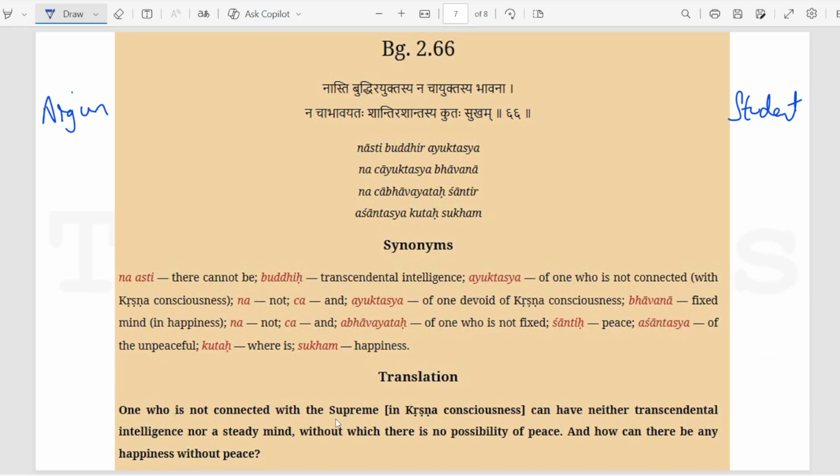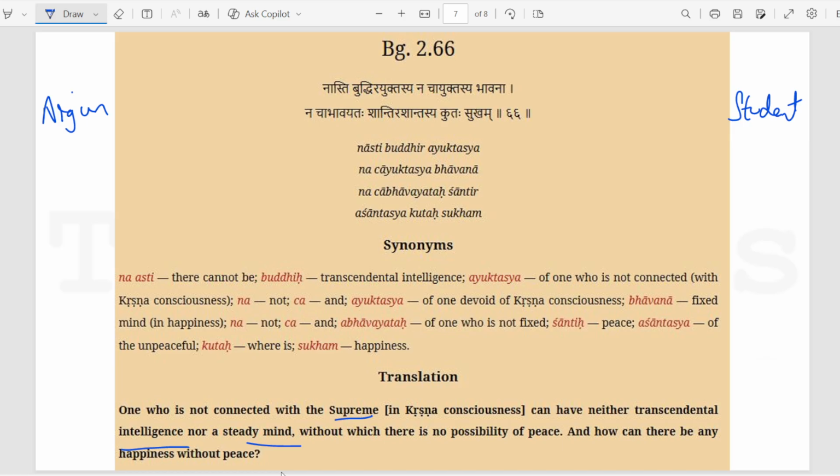One who is not connected with the Supreme, however you want to call it, Supreme Truth, Supreme Consciousness, Supreme God, if there is no connection over there, there is no transcendental intelligence, there is no steady mind. Without a steady mind, how can you go about your peace and happiness?